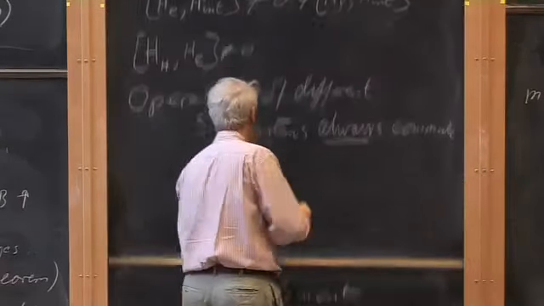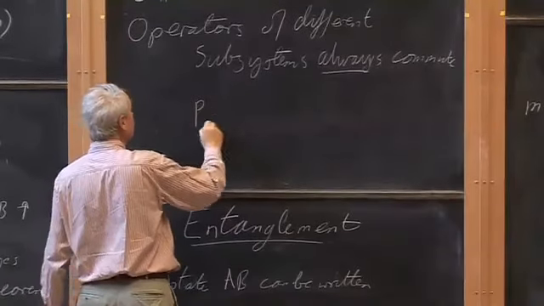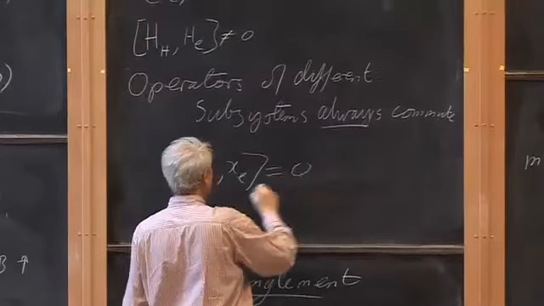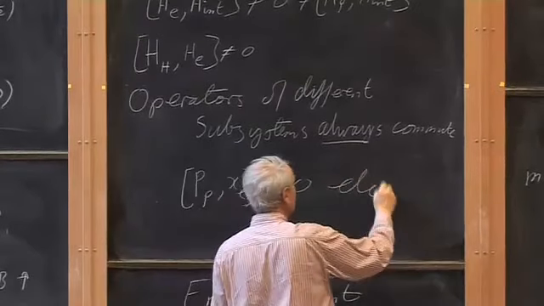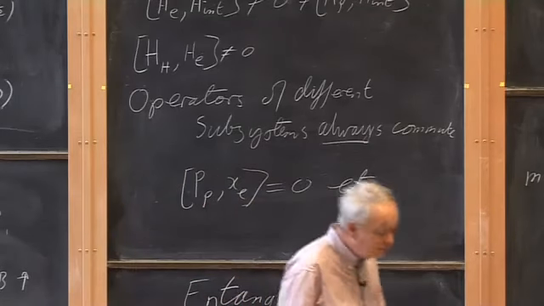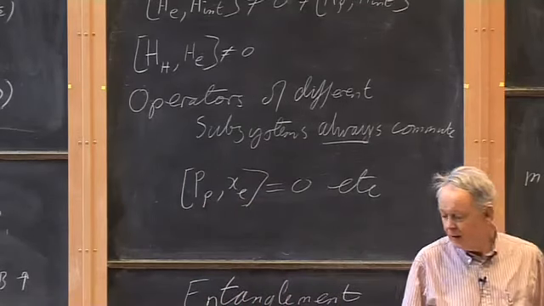Right. So, for example, the commutator of p proton and x electron is precisely nothing, etc. We do not have to worry about non-vanishing commutators of operators that belong to different subsystems.